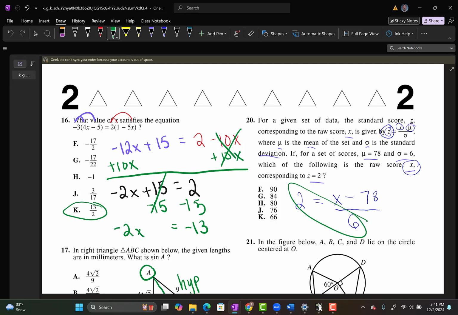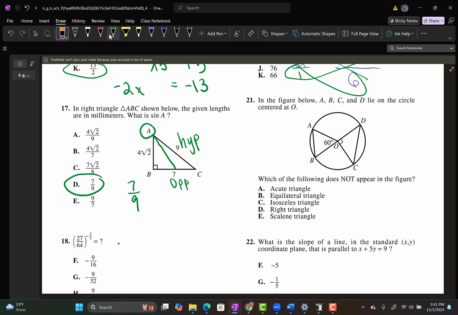We could cross multiply there. 2 times 6 is 12. I'm about out of space, so I'll just put it here. Put 2 over 1. If you cross multiply that, anything times 1 is itself. So you just get x minus 78. Add 78 to both sides, and we get x equals 90. F.